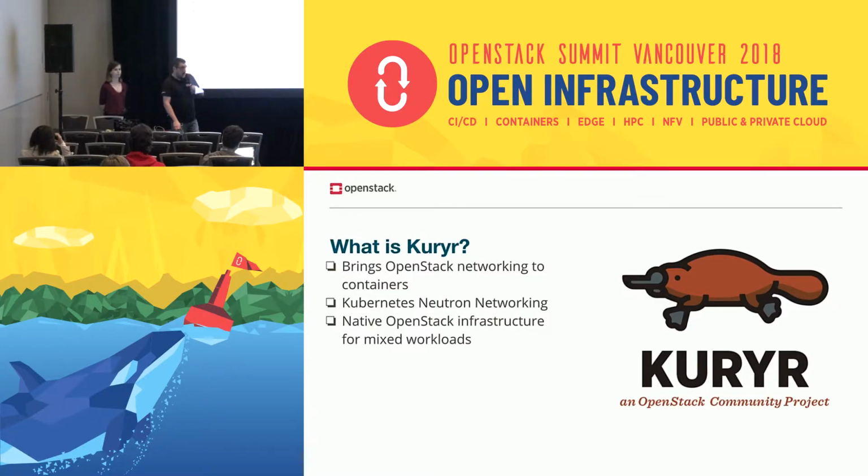So overall, we support two different kinds of deployments. The first one is side-by-side deployment. That means that we have Kubernetes on one side, OpenStack on the other one, and then we have Kuryr watching the events that the pods are generating using the CNI plugin, and also watching the Neutron events as a port is created and so forth.